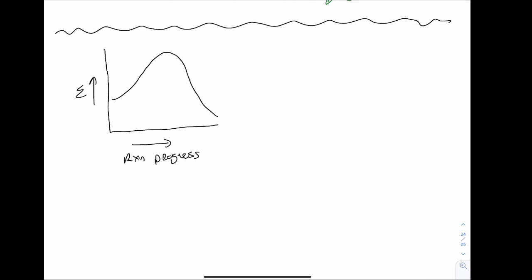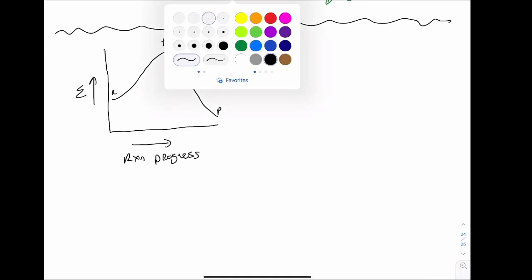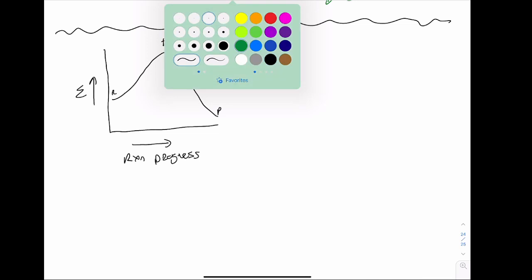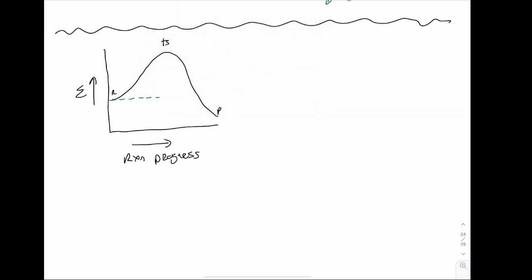It just proceeds in one reaction. So my overall reaction is my elementary step. We have our reactants, we have our products, we have our transition state, and then we had our activation energy. And that was the energy difference between my reactants and that transition state. That was the minimum amount of energy that we have to put into our reaction for it to proceed.